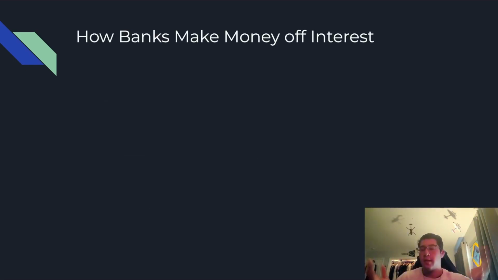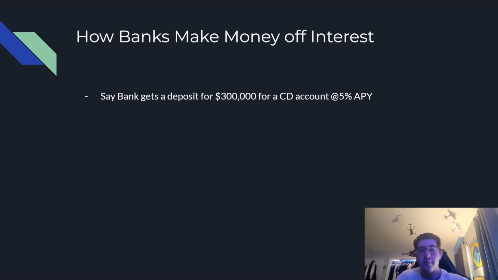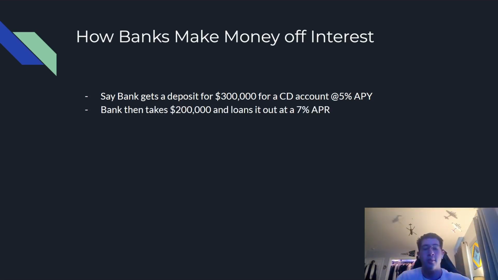Now, obviously, interest rates are for a reason, right? Why would they be charging you interest? Well, one, they want to make sure that you're going to pay back a loan, and two, the banks, they're companies, right? They're businesses. They need to make money too. So how do they make money? So, for example, say a bank gets a deposit for $300,000 to put into a CD account at a 5% annual percentage yield.